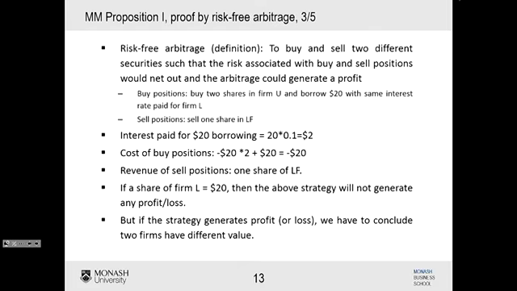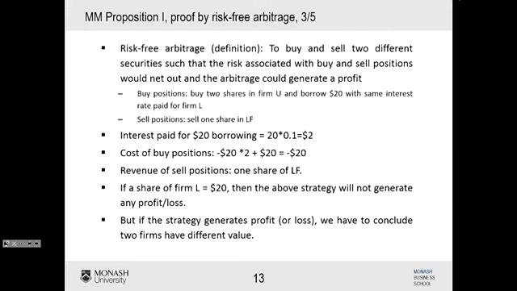So we come to this far. If a share of the firm L is equal to $20, then the above strategy would not generate any profit or loss. So we proved that changing the capital structure cannot change the firm value.